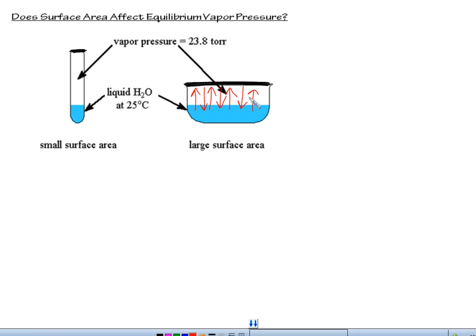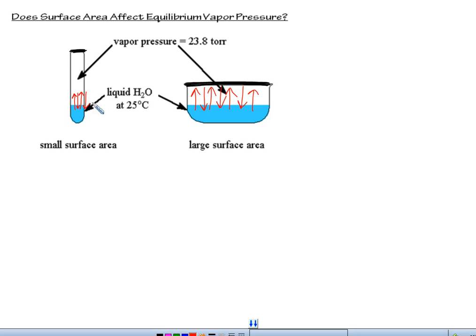And so here, I wouldn't have as many particles entering the gas phase, but then I won't have as many that re-enter the liquid phase. It's kind of tricky, but surface area really doesn't affect vapor pressure whatsoever. What affects vapor pressure more has to do with the temperature and the identity of the particle and the type of intermolecular forces.